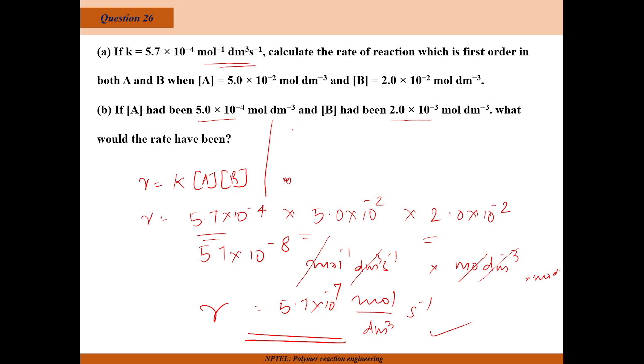It is just a case of multiplication: R is equal to 5.7 into 10 to the minus 4 multiplied by 5.0 into 10 to the minus 4 multiplied by 2.0 into 10 to the power minus 3. So it is just a game of multiplication. It is 10 to the power minus 4 minus 7, 10 to the power minus 11. It is 5.7 into 10 to the power minus 10.